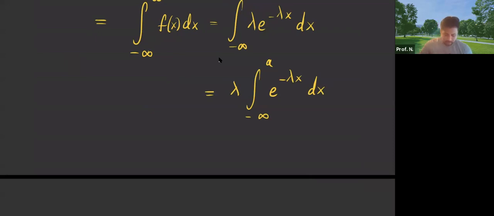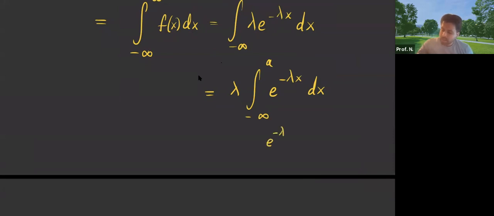So what's the antiderivative of e to the negative lambda a? Does anybody know? I think you guys are forgetting the e.